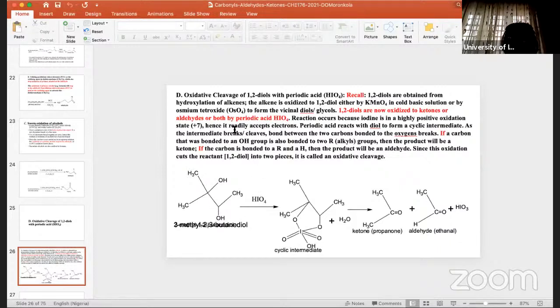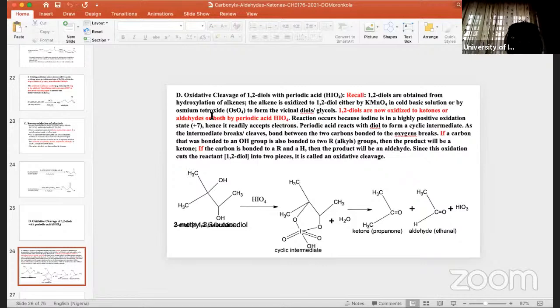Now, let me go straight into what you will recall: to get your 1,2-diols, you can do that easily by hydroxylation of your alkenes, where the alkene is oxidized to a 1,2-diol utilizing simple reagents like potassium permanganate in cold basic solution.